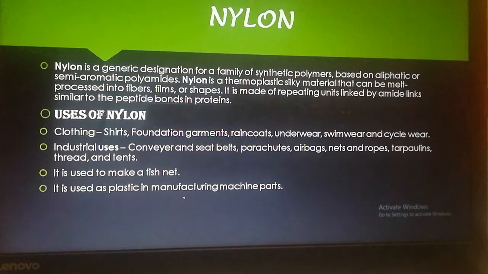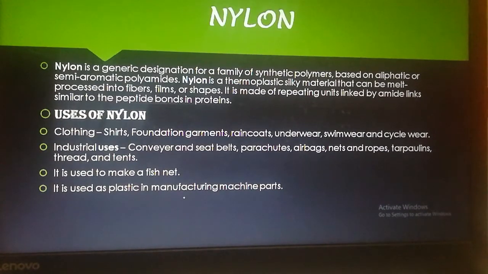Nylon is a generic designation for a family of synthetic polymers based on aliphatic or semi-aromatic polyamides. Nylon is a thermoplastic silky material that can be melt processed into fibers, films or shapes. It is made of repeating units linked by amide links, similar to the peptide bonds in proteins.